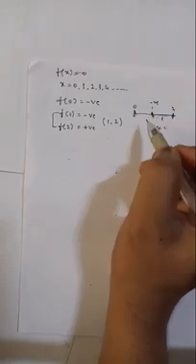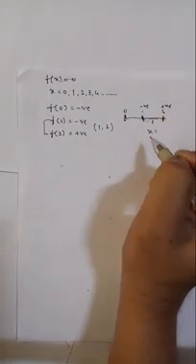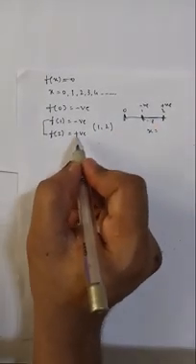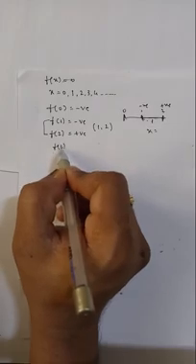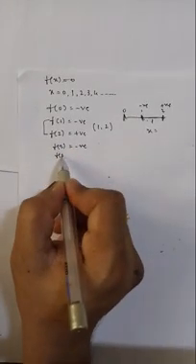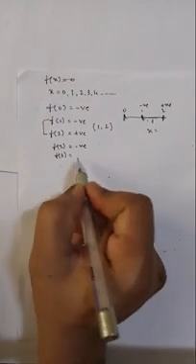So at x equal to 1, the value of the function is negative. At x equal to 2, the value of the function is positive. This is the interval. Suppose the value at x equal to 2 is again negative, then we have to continue with x equal to 3.